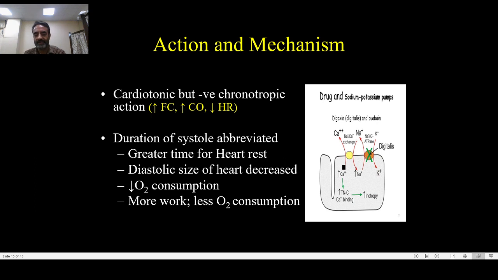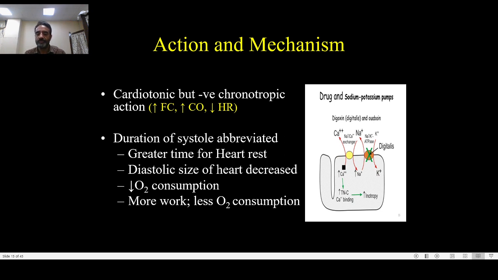Now coming to the mechanism of action, the drugs act on a pump in the cardiomyocyte that is known as the sodium potassium ATPase pump. Now this sodium potassium ATPase exchanges sodium and potassium.